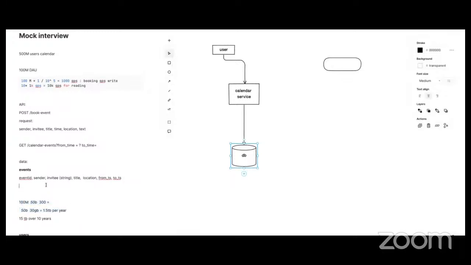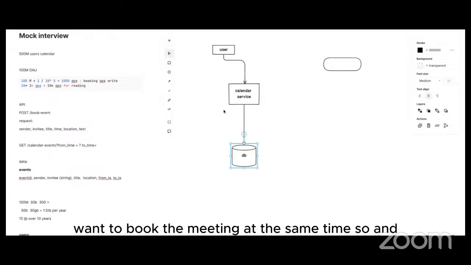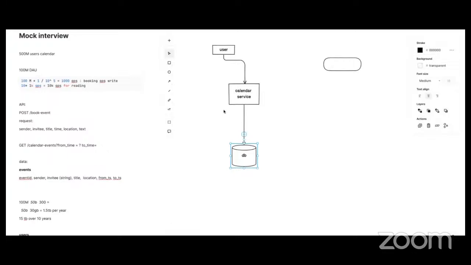A more critical part is how to handle meeting conflicts. The tricky situation is when two users want to book a meeting at the same time.